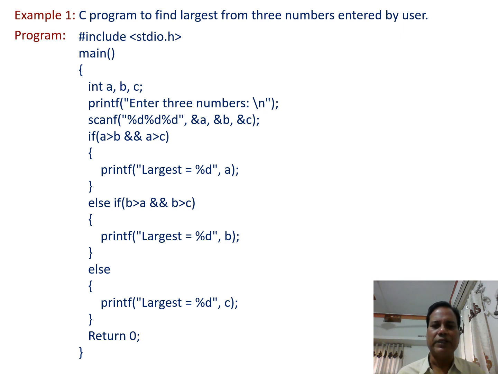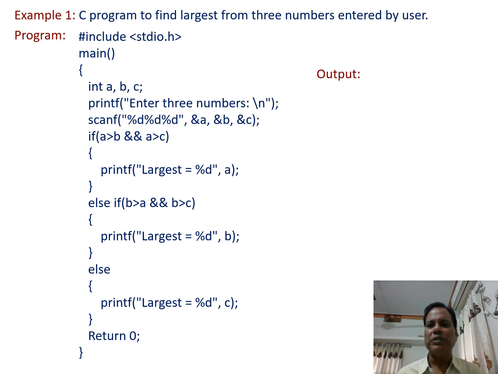If this condition is true, then we print that largest equal to b. Otherwise, we print that largest equal to c. In this way, using the else if ladder, we can find the largest of three numbers. Even this can be used to find the largest of 4 numbers, 5 numbers, etc.